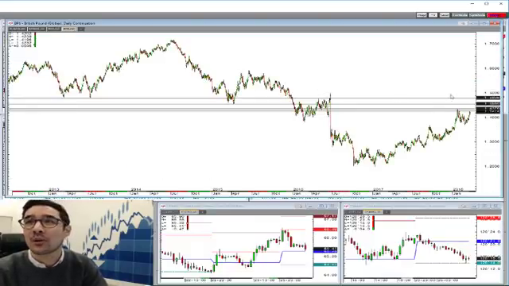But if I start looking more longer term, this is looking at cable on a 5-year chart.